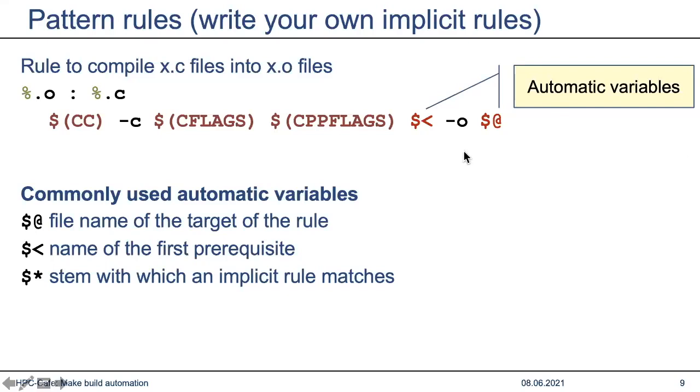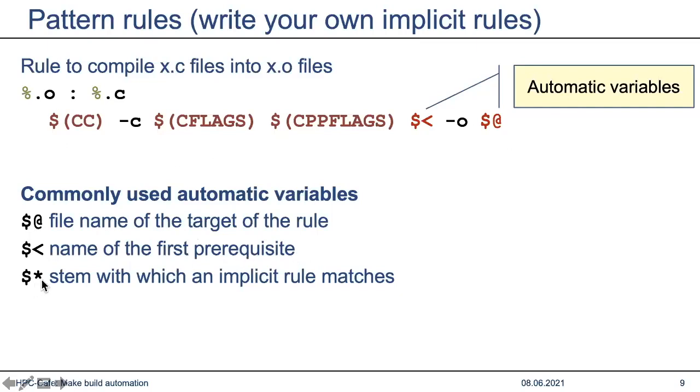In the rules, the most commonly used automatic variables are $@. This is the file name of the target of the rule. So essentially this part here. Then $< is the name of the first prerequisite. Of course, there are more here. So for example, getting all the prerequisites.